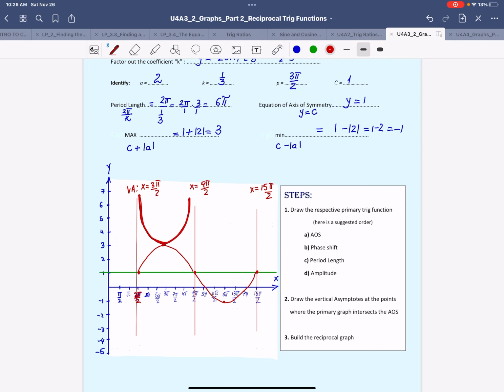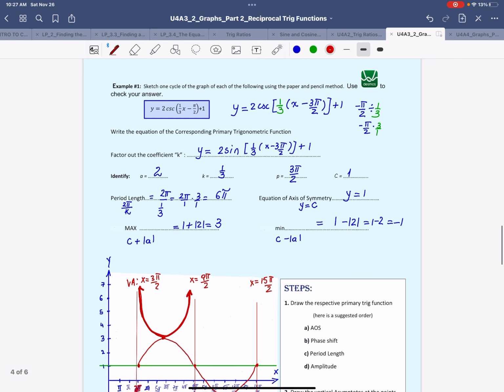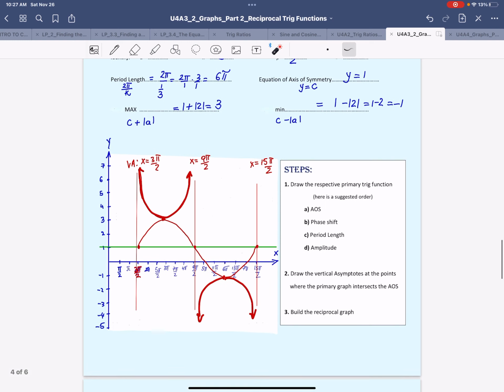All right. And in the same way, here we have the next section of the primary. So it will be increasing and then decreasing. And voila, here we go. We got the graph of the reciprocal of sine, or in other words, we got the graph of 2 cosecant of 1/3 x minus pi over 2, plus 1.